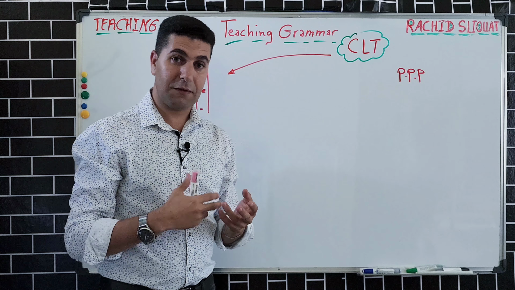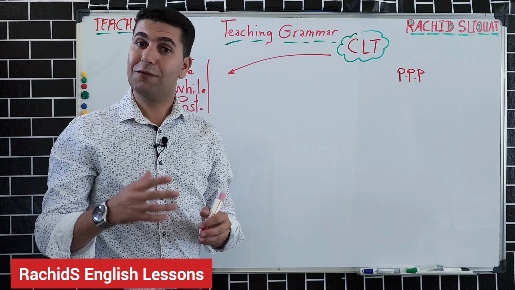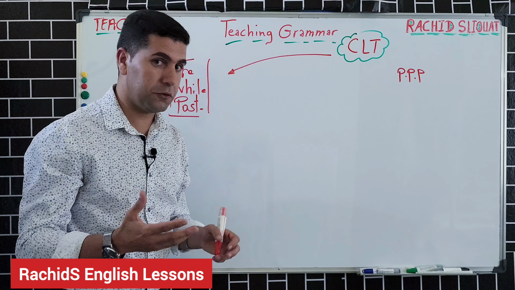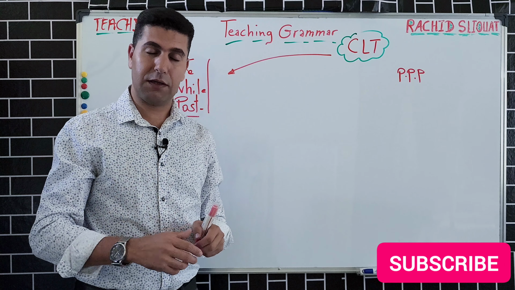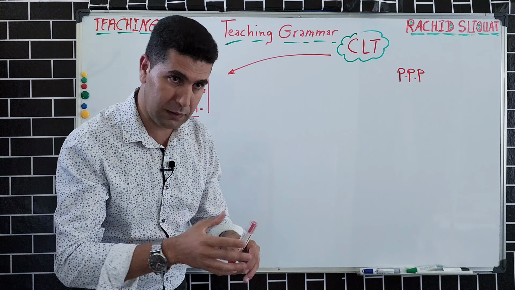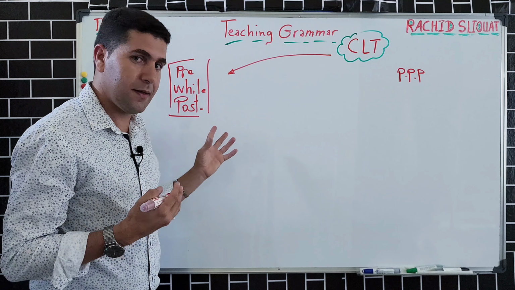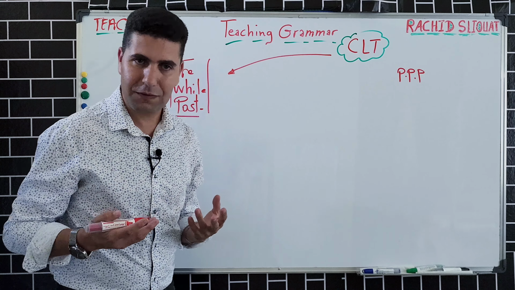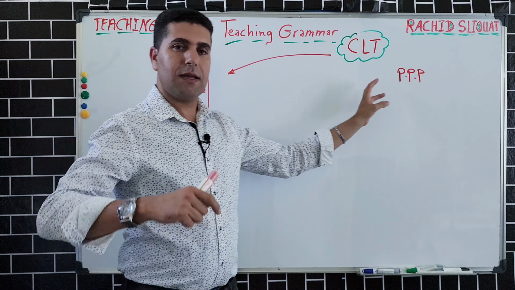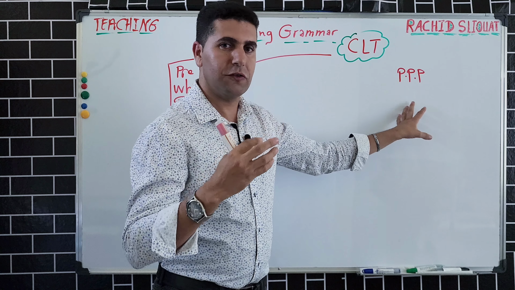We can find this in teaching the 4 skills, like reading: pre-reading, while reading, and post-reading, or pre-listening, while listening, and post-listening. This is the way we can teach the 4 skills, not like the traditional PPP model.